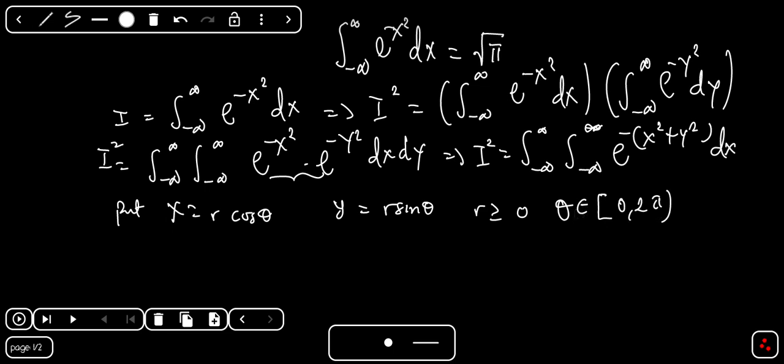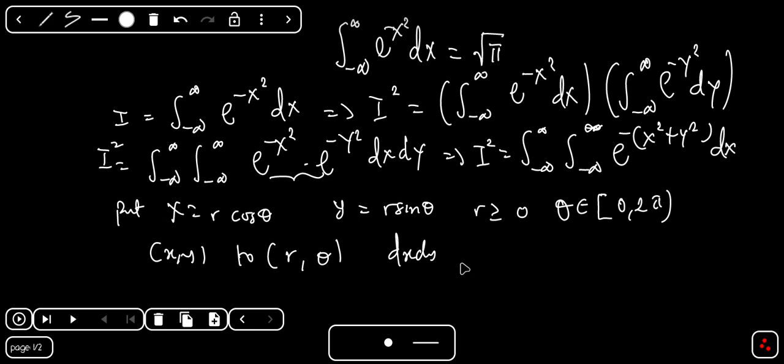Okay, so what we want to do is to change the variables x comma y to new variables r comma theta. So that is the little rectangle area dx dy on the Cartesian coordinates, and it's going to become a curved wedge in the polar coordinates. Are we together?